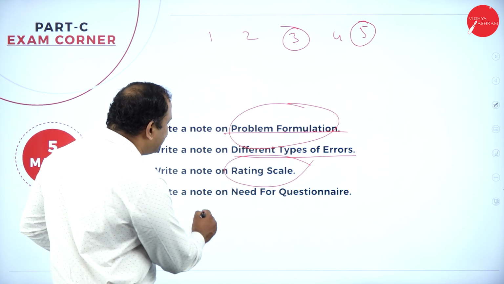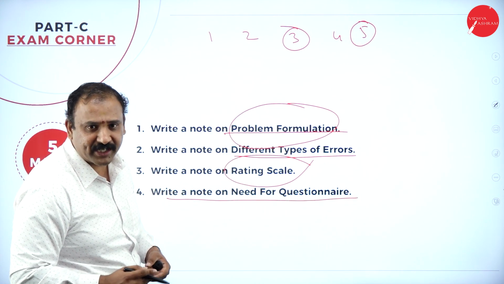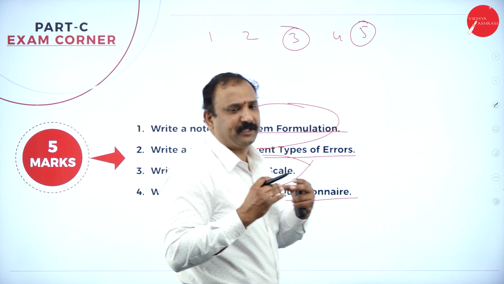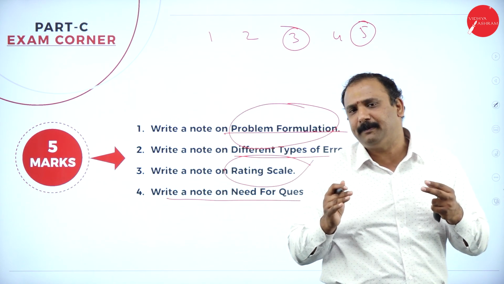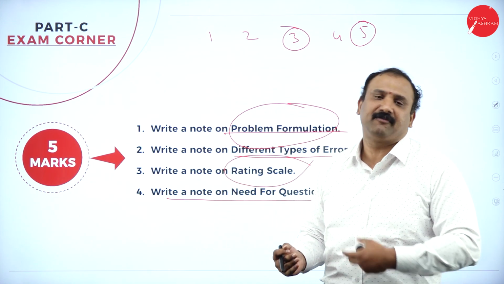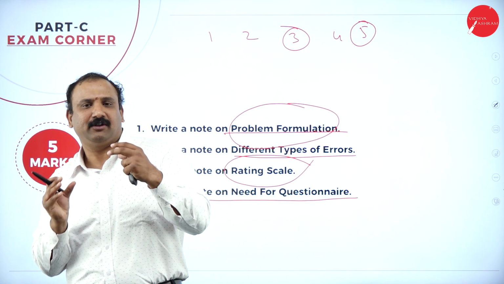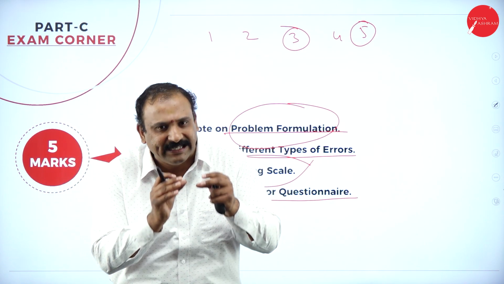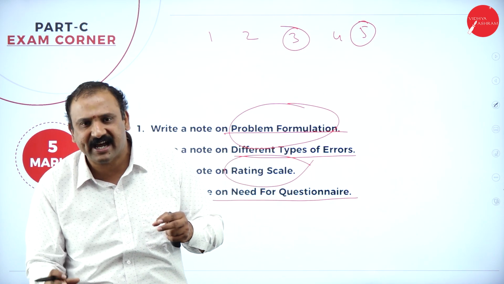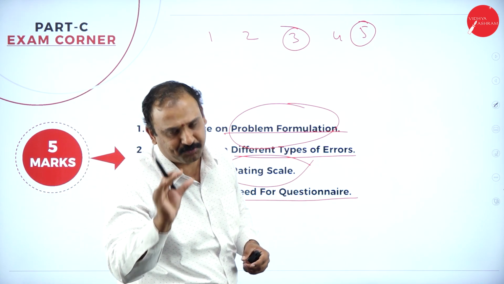Followed by: write a note on the need for questionnaire. Questionnaire is not something new to us at all. We have all been following the questionnaire and been accustomed to questionnaires from ages. What is this questionnaire about? A sample set of questions which have been neatly, concisely designed for the consumer to understand and give his response.